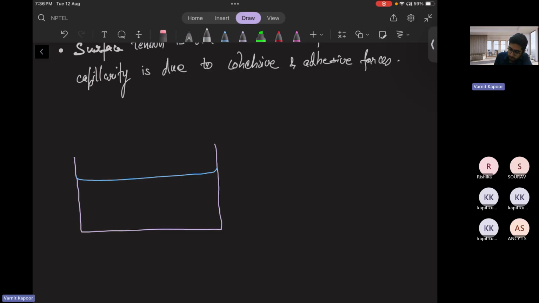If you insert a tube, and this tube has a diameter d, there will be some rise as soon as you put the tube. Again, the meniscus will be something like this.